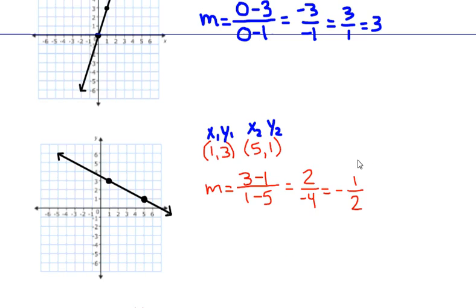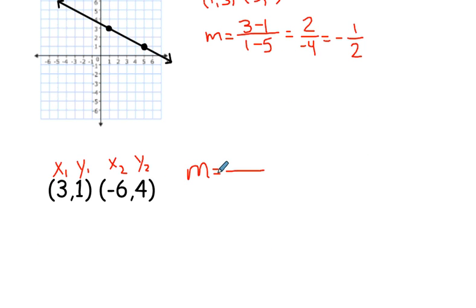Remember our formula, we have it up here. m equals y1 minus y2 over x1 minus x2. So I'll start with my y's. I'm going to have 1 minus 4. My x's, 3 minus negative 6. Forget those integer rules we worked on quite a while ago.